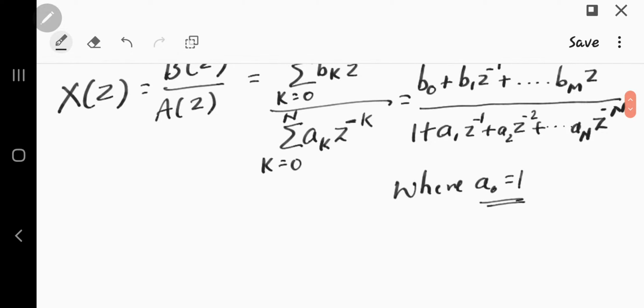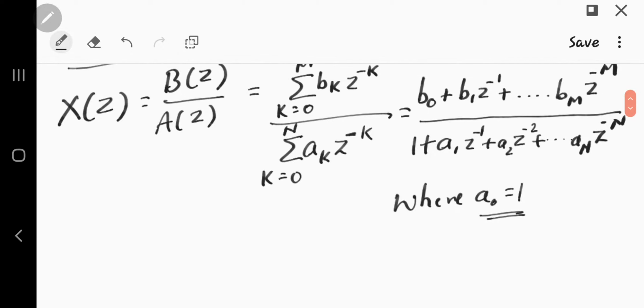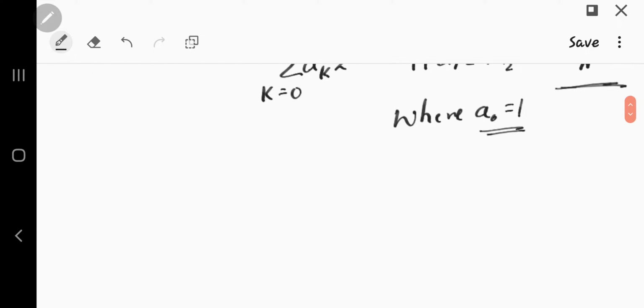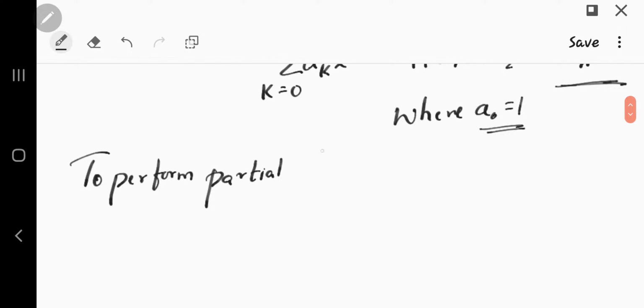Now to apply this partial fraction expansion, usually your Z transform will be of this form, and if you observe the powers, m and n give you the values of the powers. To perform partial fraction expansion, the value of m should be less than n.